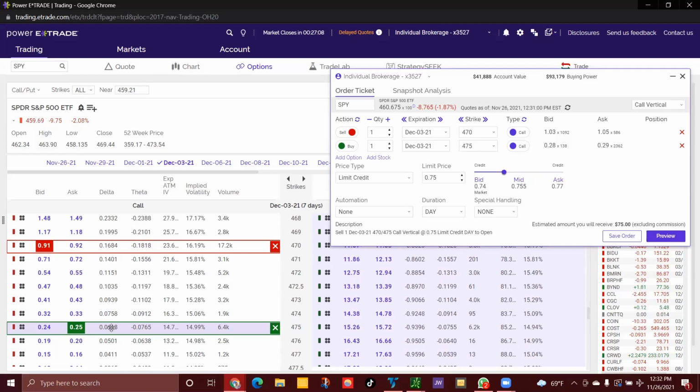A 50 delta put and a 50 total delta bear call spread, they're moving the same. It's just that with one, theta decay is working in your favor and you have a line in the sand. This side, theta decay is working against you, and it better move quick or you're going to lose all your money. See the difference?